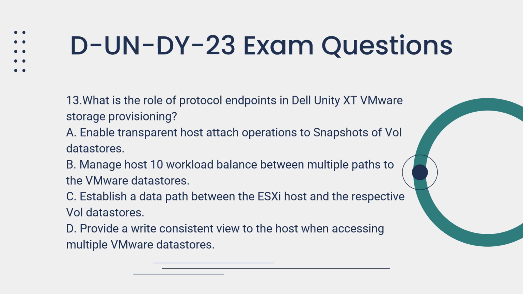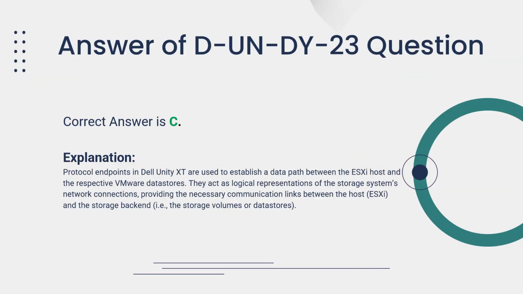C. Establish a data path between the ESXi host and the respective volume data stores. D. Provide a write-consistent view to the host when accessing multiple VMware data stores. Correct answer is C.